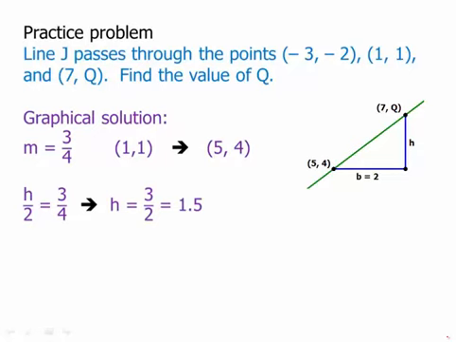So now we can figure out the height of Q. So the bottom of the slope triangle of this diagram is at a height of 4. And then to get up to Q, it's just 4 plus h, or 4 plus 1.5, which gives us 5.5. So that is a graphical way of solving the exact same question.